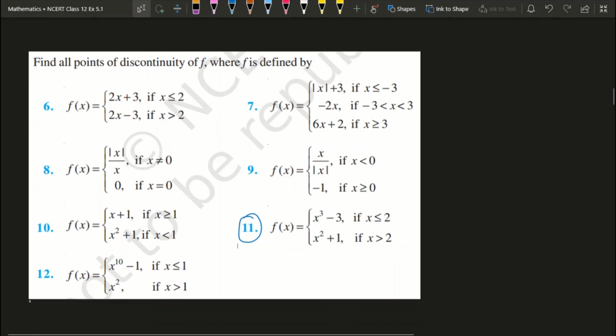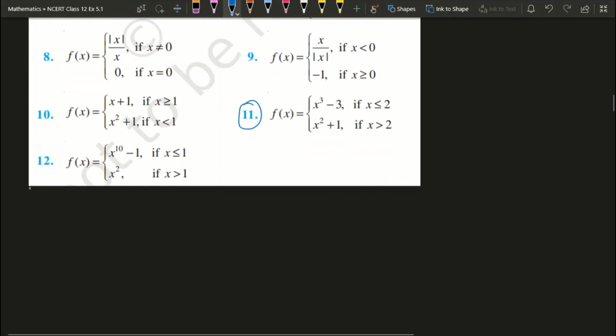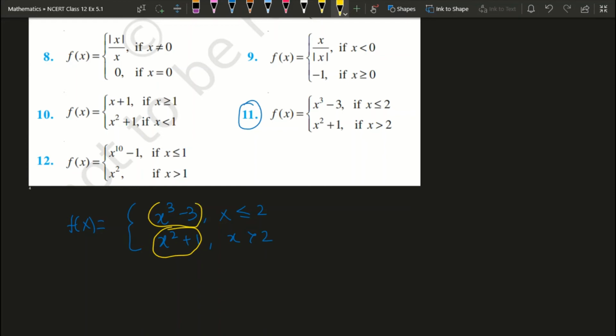So let's take problem number 11. f of x equals x cubed minus 3 if x is less than or equal to 2, and x squared plus 1 if x is greater than 2. So now notice that x squared plus 1 and x cubed minus 3 are well-defined polynomials. So they are continuous.